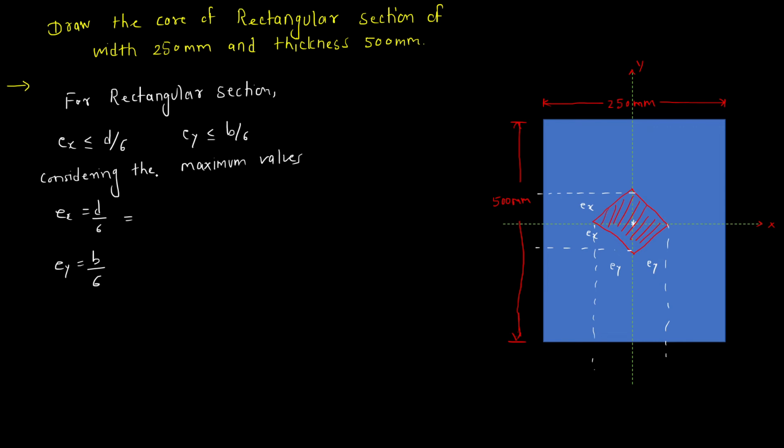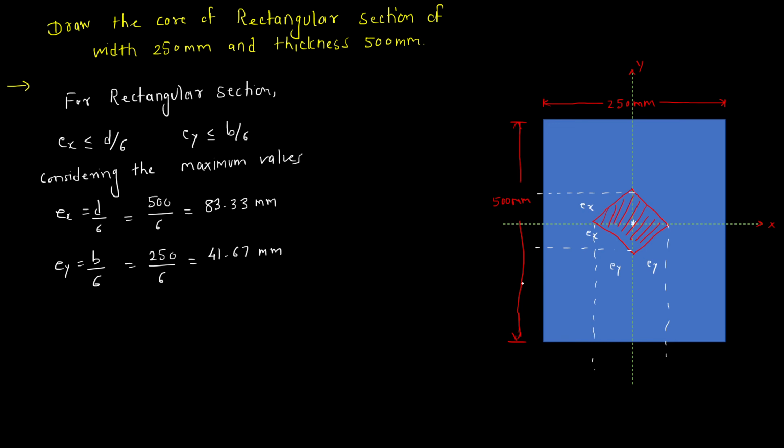What is the value of b here? What is the value of d here? 500 divided by 6, and this is 250 divided by 6. So 500 divided by 6 is 83.33. Similarly, 250 divided by 6 is 41.67.